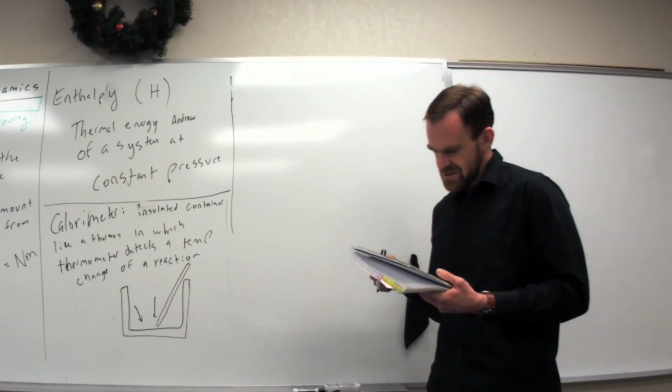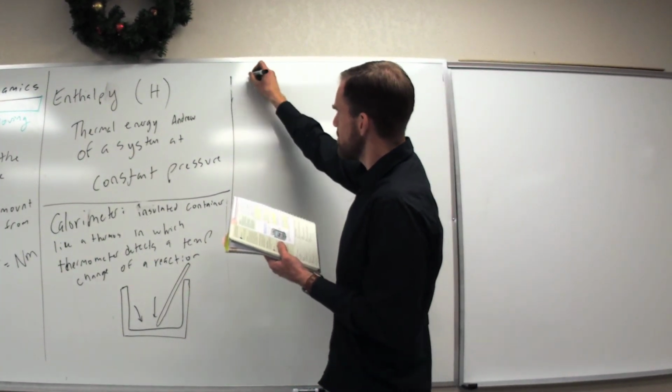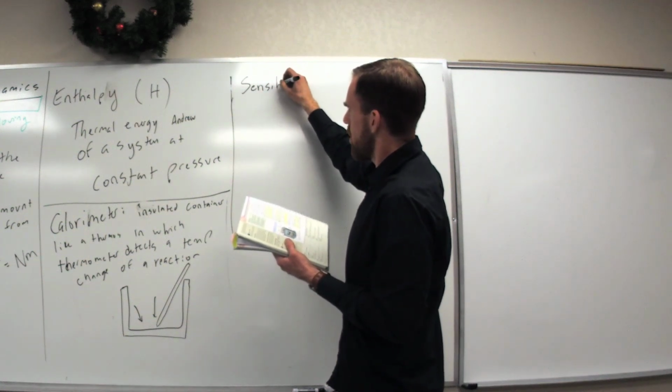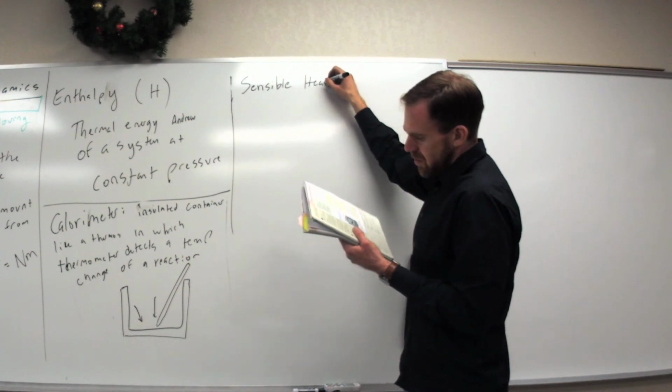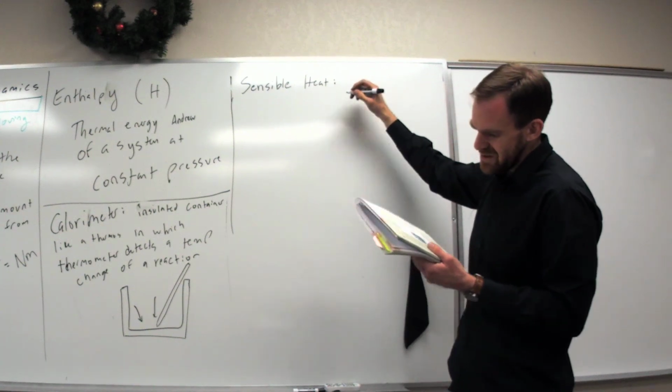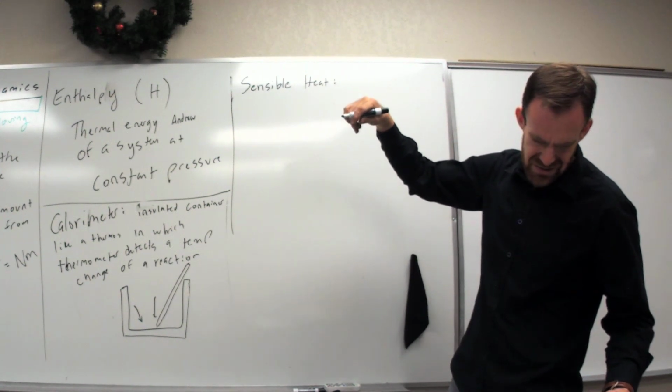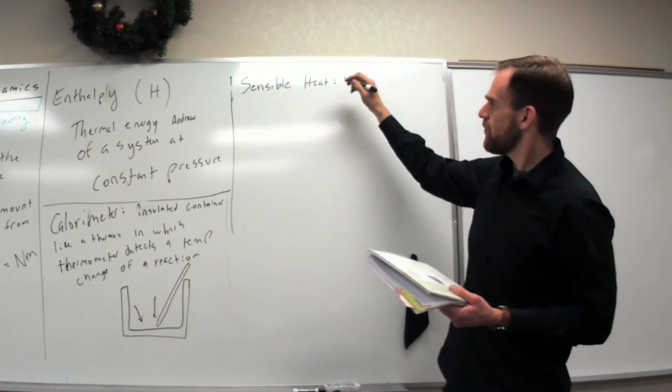All right, moving on. So there are two types of heat that you should know. Sensible heat is the heat that produces a temperature change in a substance when applied.